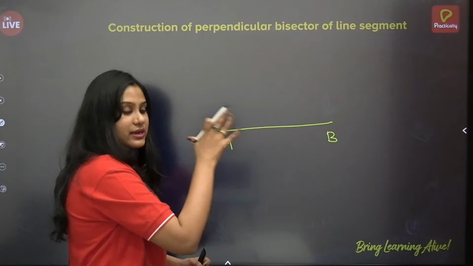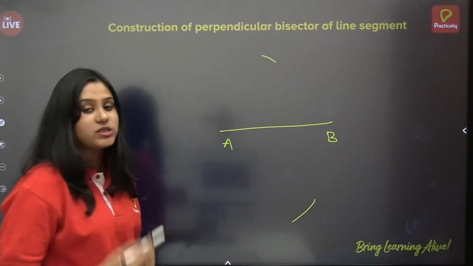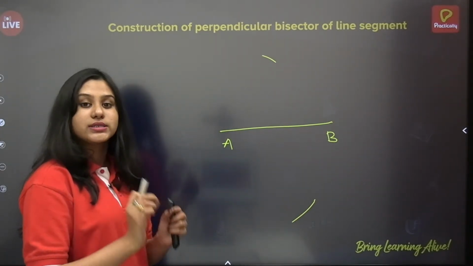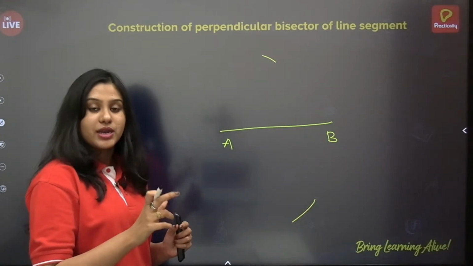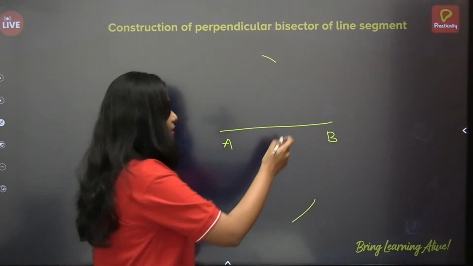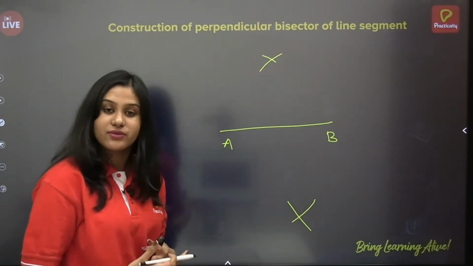Take that radius, A as center, and cut an arc here and here, that is, on both sides of the line segment AB. With the same radius, do not disturb the compass, B as center, that is, place the needle of the compass at B and draw an arc like this, where it intersects the previous arcs.